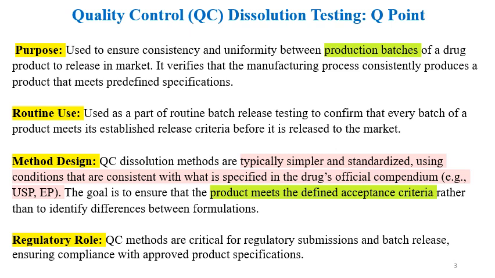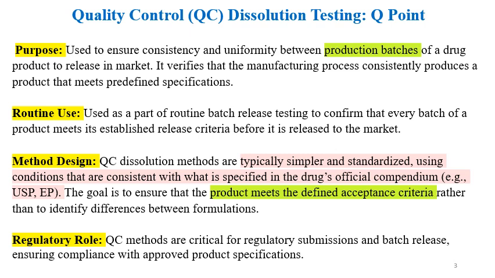And QC testing is routinely used as a part of routine batch release during the manufacturing phase or commercial manufacturing phase to confirm that every batch of a product meets its established release criteria or finished product dissolution specification before it is released into the market. And QC release dissolution testing results are included in the COA of the formulation batch.